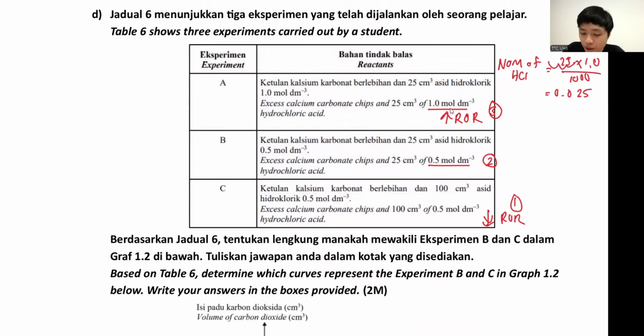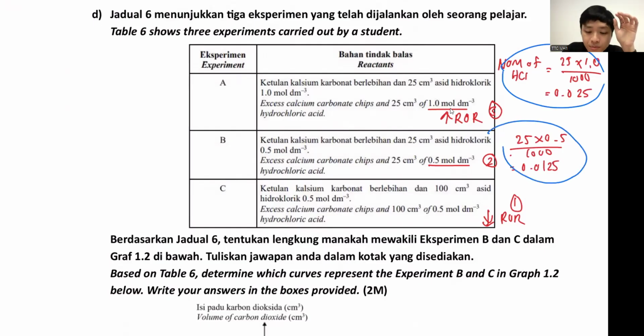And then this one you will get 0.0125. It means the volume of hydrogen gas, this one is twice of this.